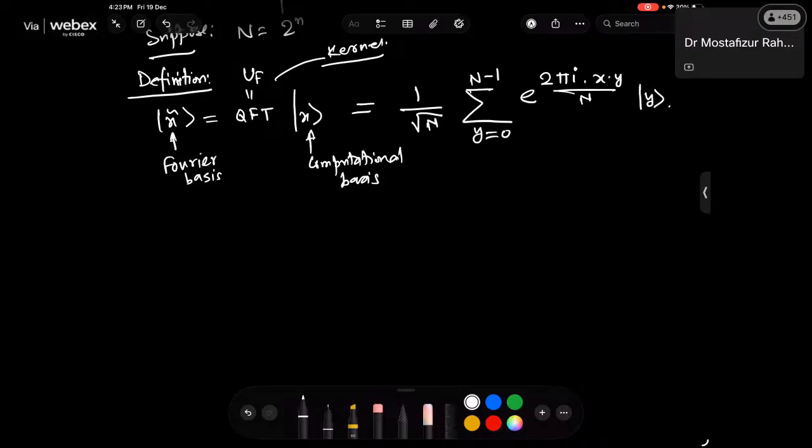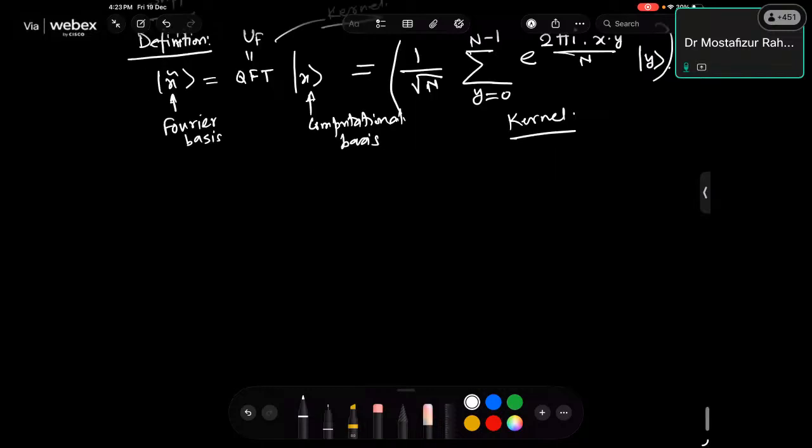This is just the definition of the kernel for the Fourier transform.